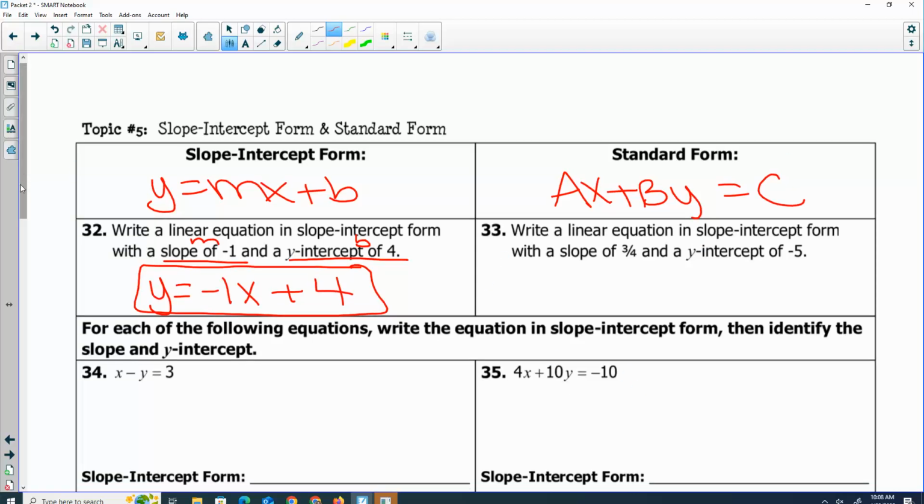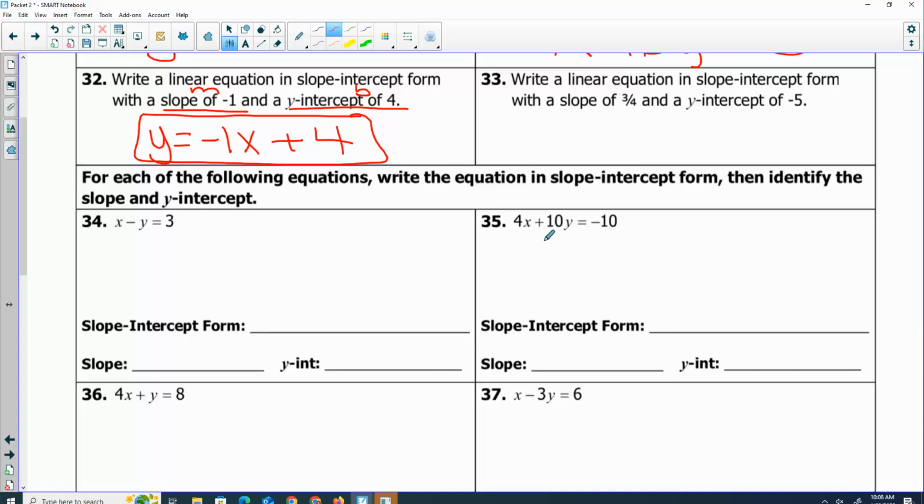So if I look at 35, if I wanted to find my slope and y-intercept, I have to get it in y equals mx plus b form. So what we did is we would subtract over the 4x. So we would get 10y equals negative 4x minus 10. We divided everything by 10.